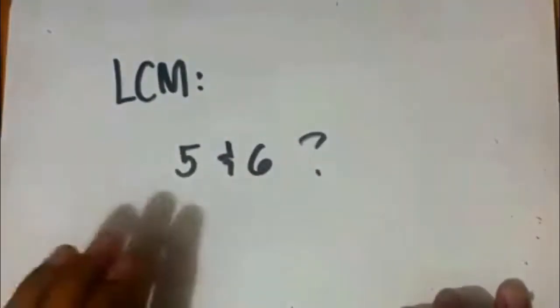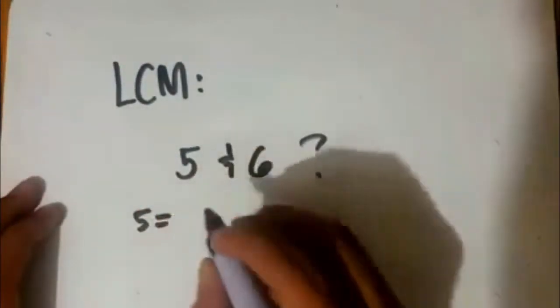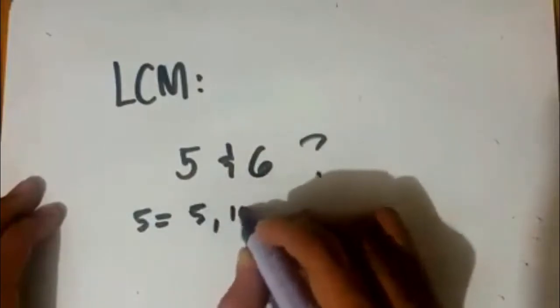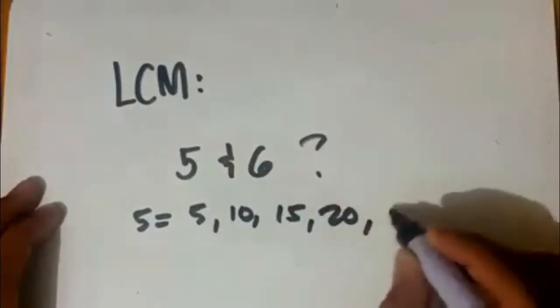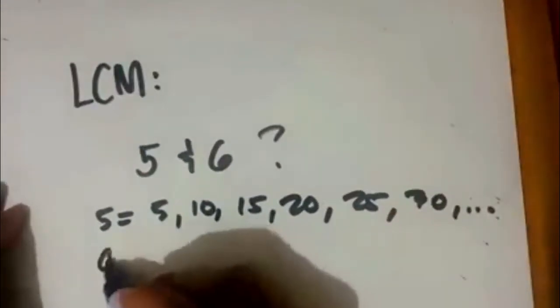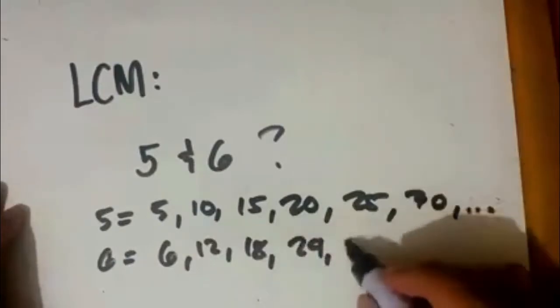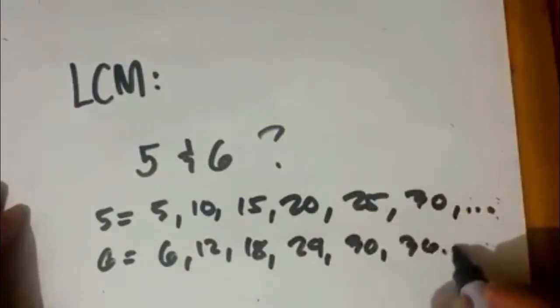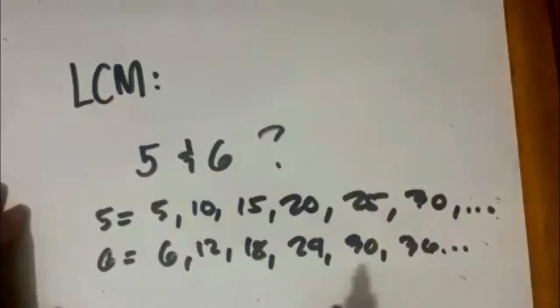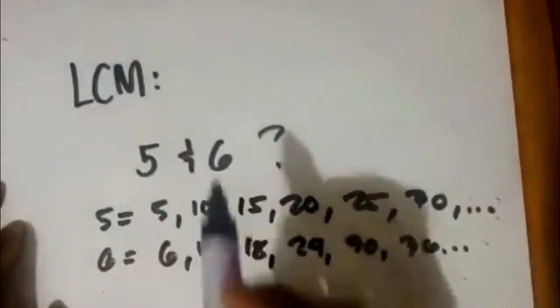So here is another example, which is we're now going to look for the LCM of 5 and 6. So mabilisan lang. 5, 10, 15, 20, 25, 30, and so on. Si 6 naman is 6, 12, 18, 24, 30, 36, and so on. So dito, we are now going to look for the LCM ng 5 at saka si 6.